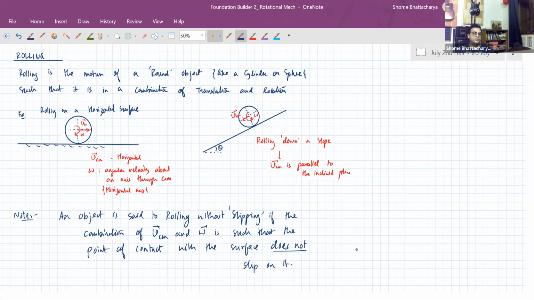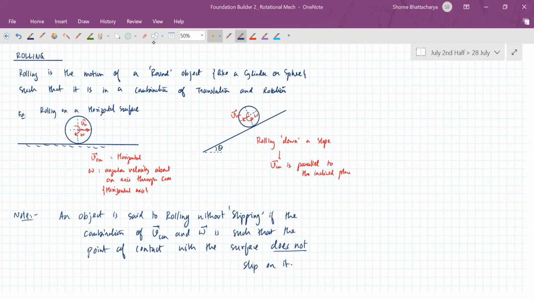Shall I explain this with an example and the numerical equation for this condition of no slipping also.